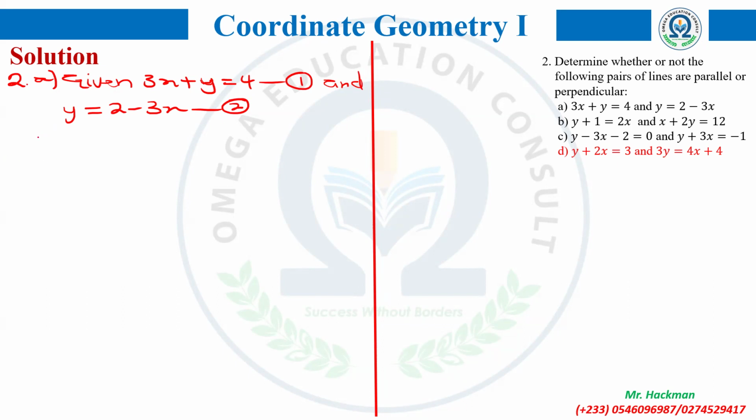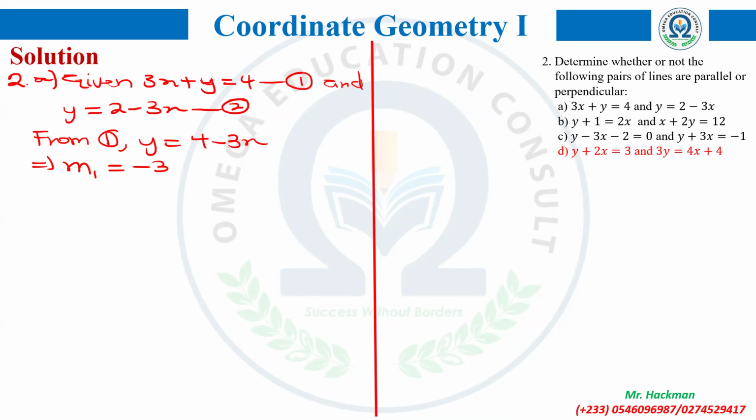So from equation 1, I will write, making y the subject. y is equal to, move this one to the side, so I will get 4 minus 3x. This implies that my m, I'm going to call it m sub 1, the gradient of my first line, will be equal to minus 3. Is that clear?